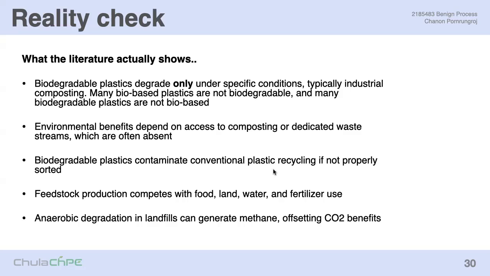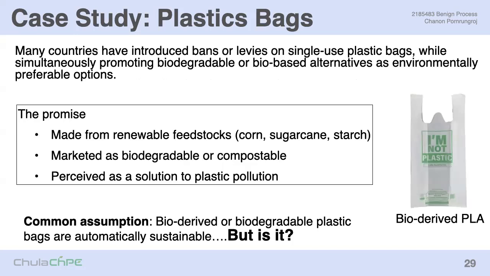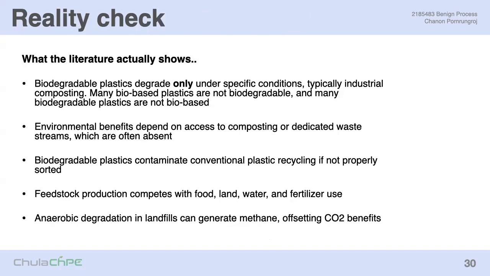If there's contamination, like a mix of waste, then it would be a problem. The feedstocks that I mentioned, corn, sugarcane, starch, also compete with food, land, water, and fertilizer use, right? So it's a competition of resources as well. Those are the things we have to think about.